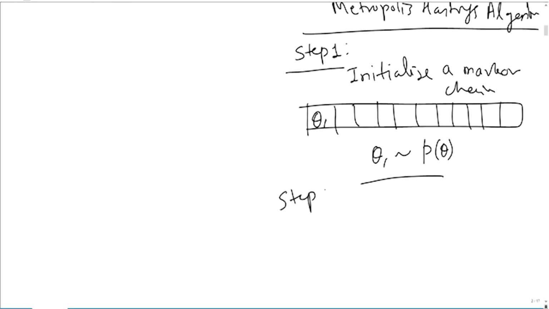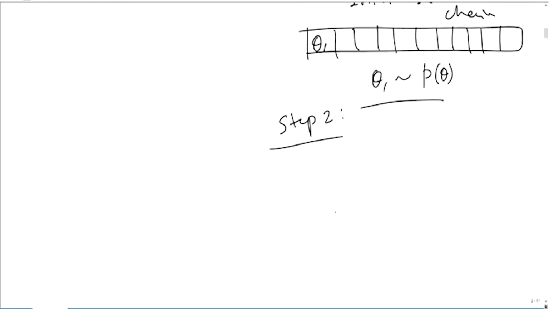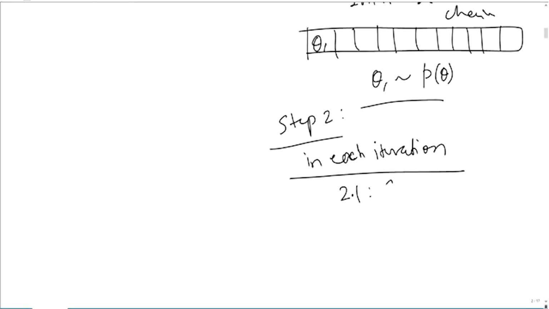In step 2, there will be iterations, and in each iteration these are the steps that you will take. Step 2.1 is to generate a new proposal conditional on the current state of the chain.